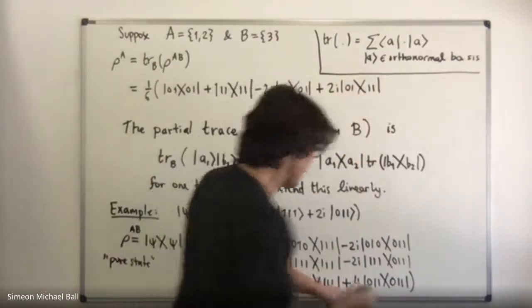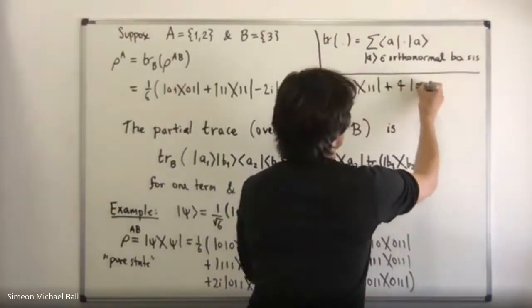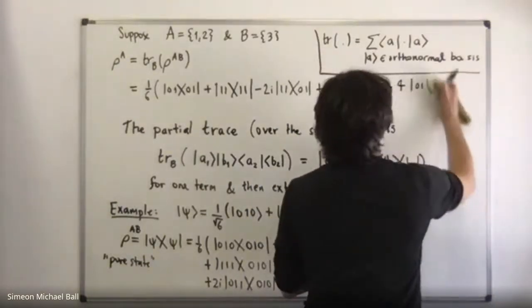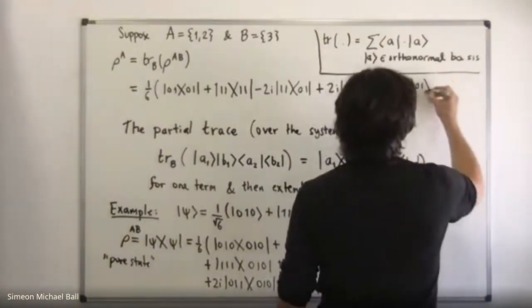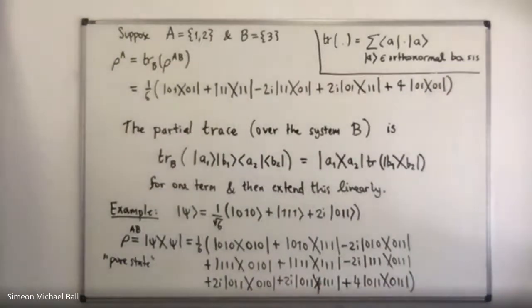And here that survives, giving us a 4, 0, 1. So that is going to be our partial trace.